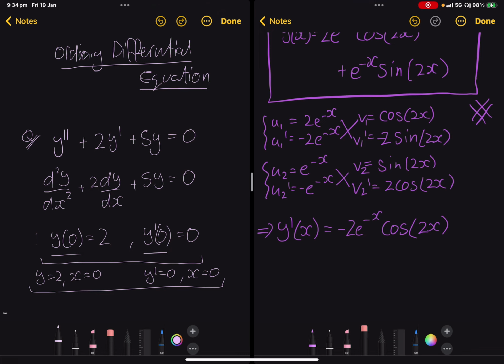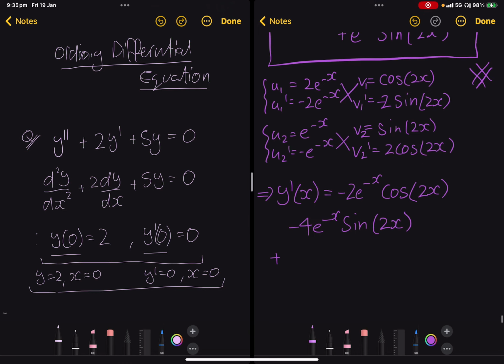This will actually be minus 4 out the front. Minus 4e to the minus x sine 2x plus u2 prime times v2. So this will be minus e to the minus x times sine of 2x plus u2 times v2 prime, which will be plus 2e to the minus x times cosine of 2x.